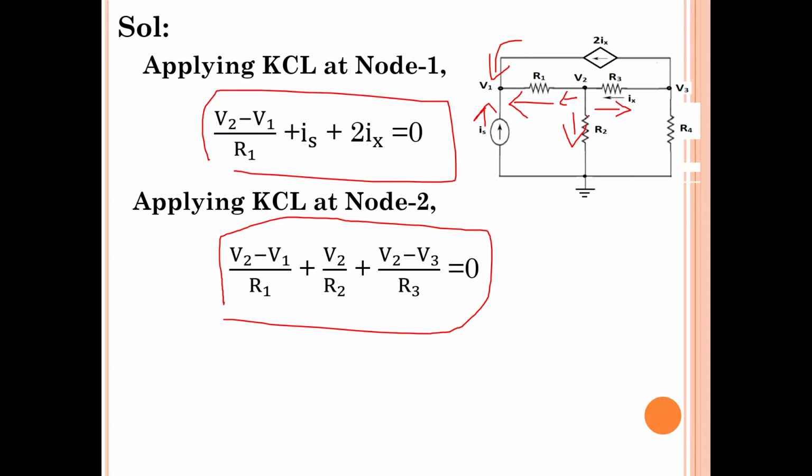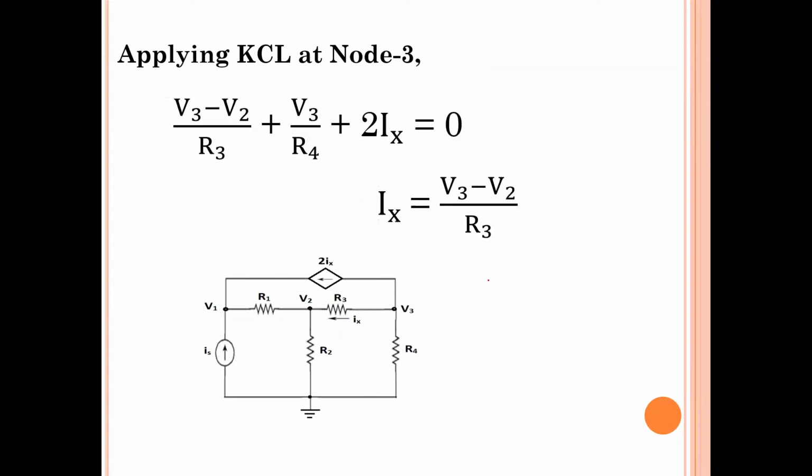At node 2, all currents leaving. At node 3, again I have assumed all currents are leaving. The leaving currents are V3 minus V2 by R3, V3 minus 0 by R4, and the next current is 2Is. Just add all these currents and equate to 0.